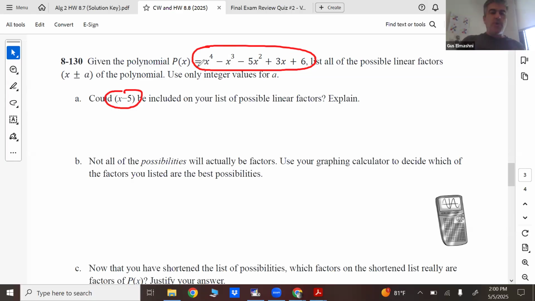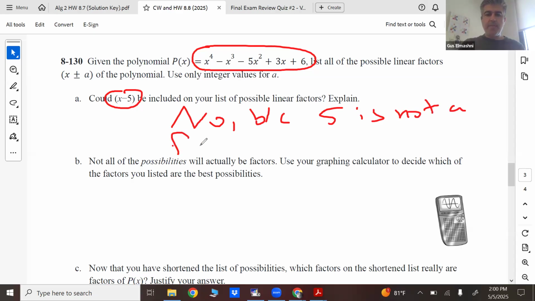Or 3. So could this be included? The answer is no, because 5 is not a factor of 6. That number there is not a factor of this.